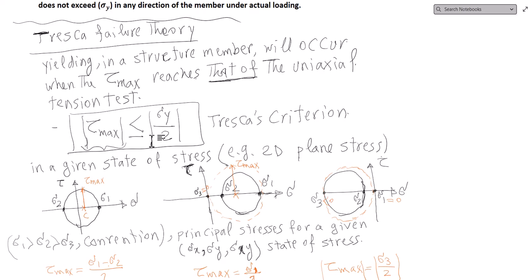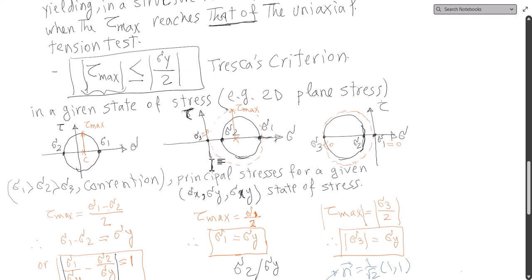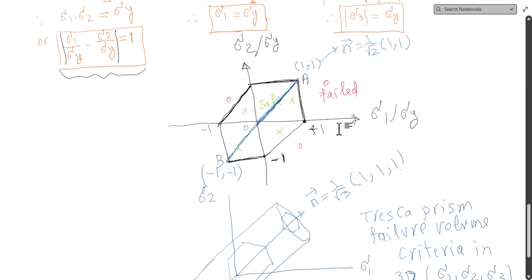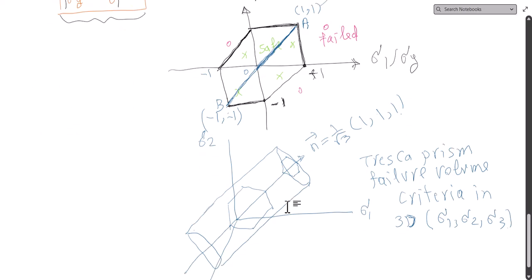And this was related to this equation that the maximum shear stress should be less than the shear stress from the uniaxial tension test. And then we got the chart or the graph based on this for different scenarios, if you recall.